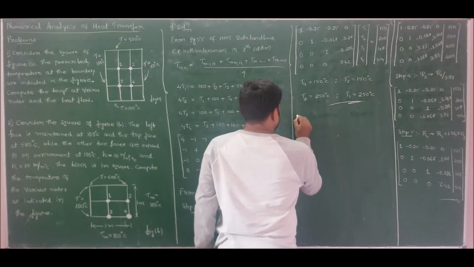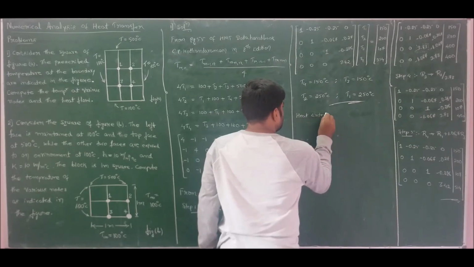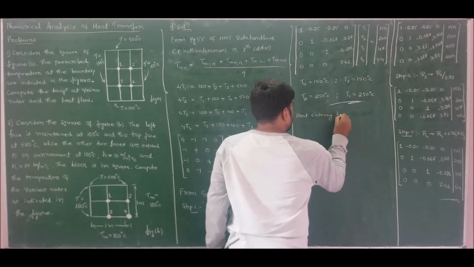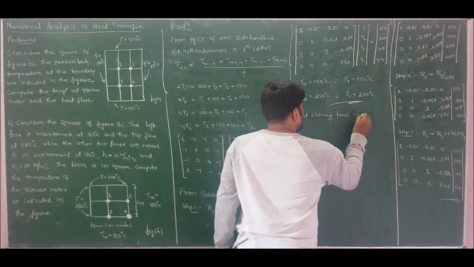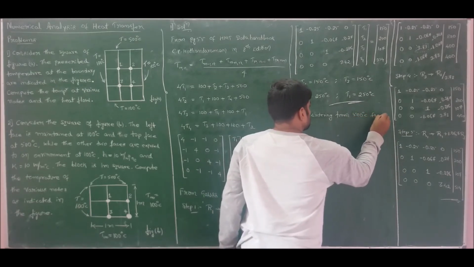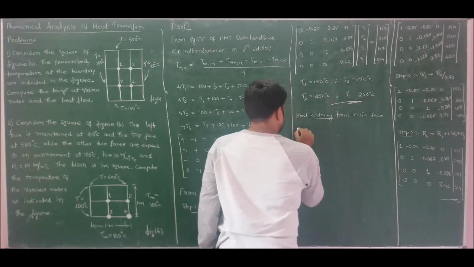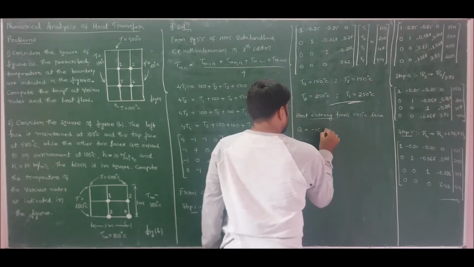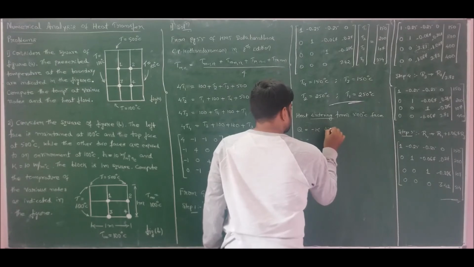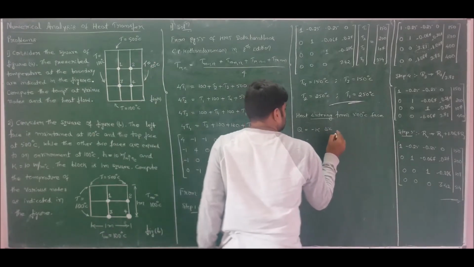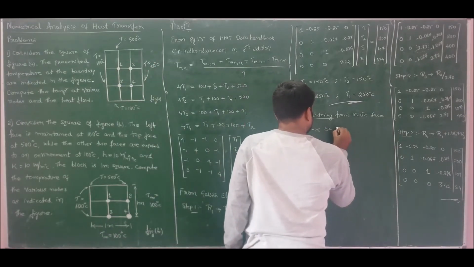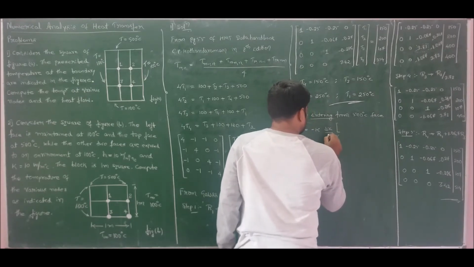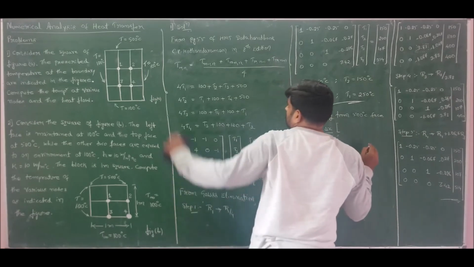So therefore heat entering from the 500 degrees Celsius face will be Q is equal to minus K A delta X into the temperature difference, dT by dy, over the length.